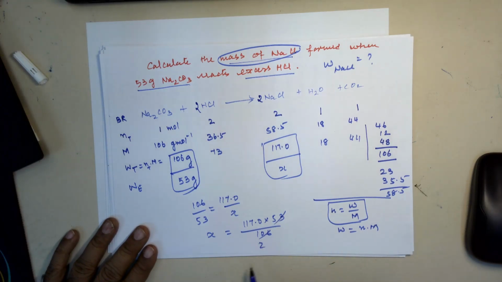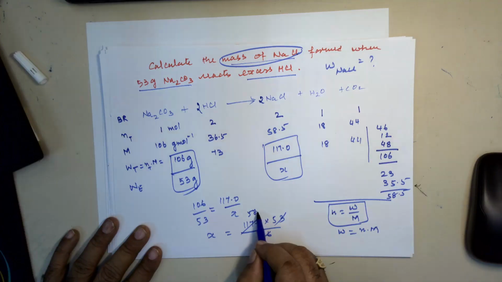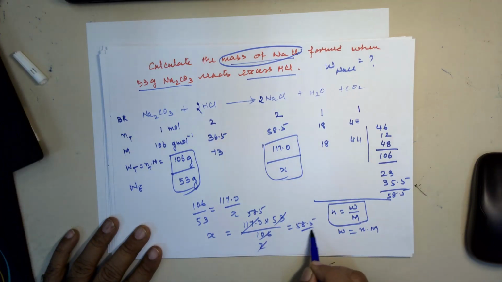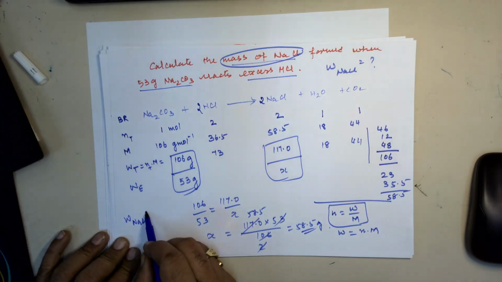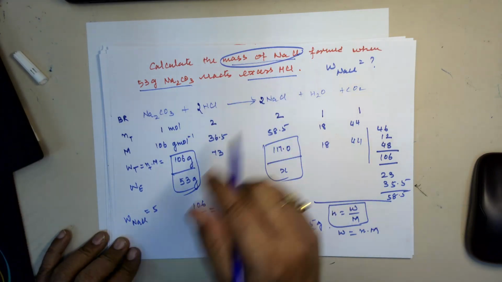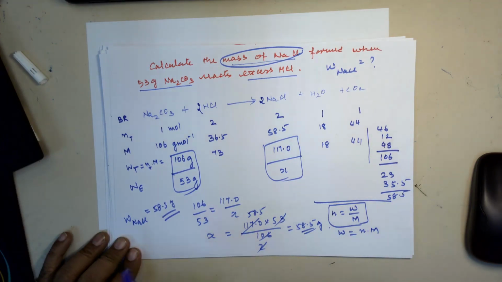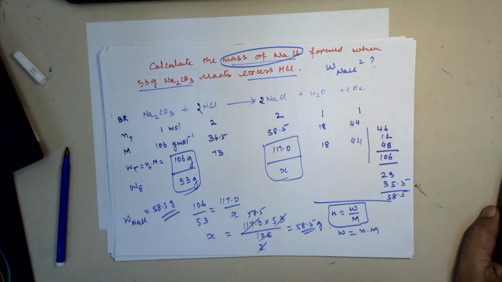So you can divide, and the answer is 58.5 gram. So the weight of NaCl obtained is 58.5 gram. Okay. So this is the way you have to do. You understand this method? So what do you call this method? This is known as mass ratio. Okay.